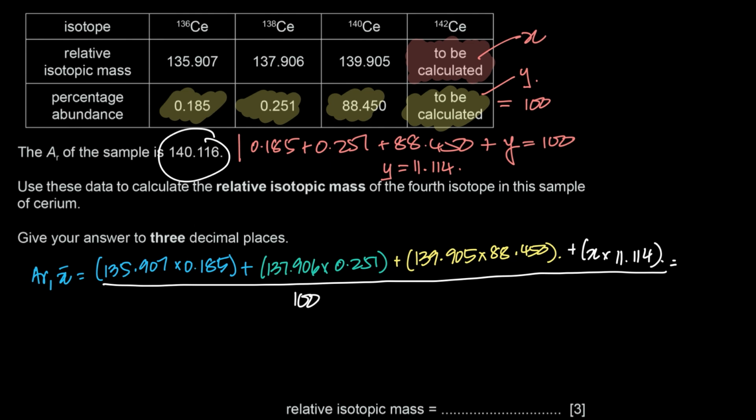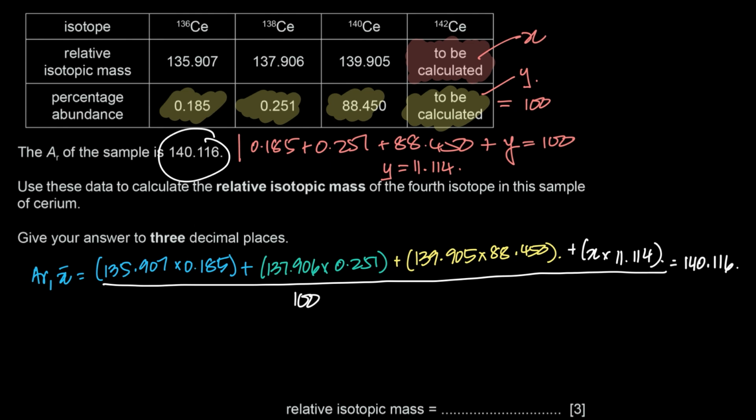So this is a long calculation, but this is what I get. So I take 100 that side and I solve for everything else. When I solve this, honestly speaking, this value for x will come out to be 141 point something.